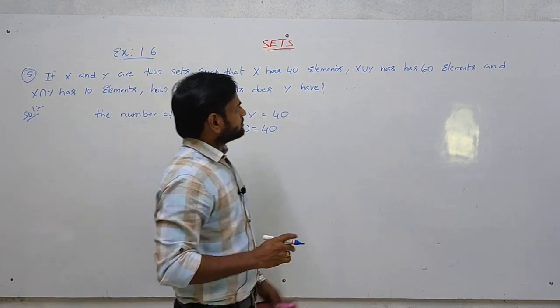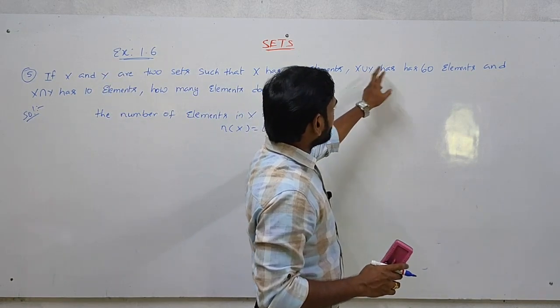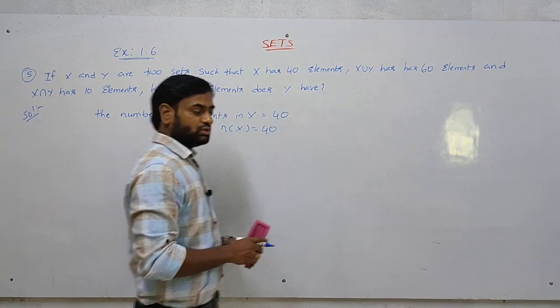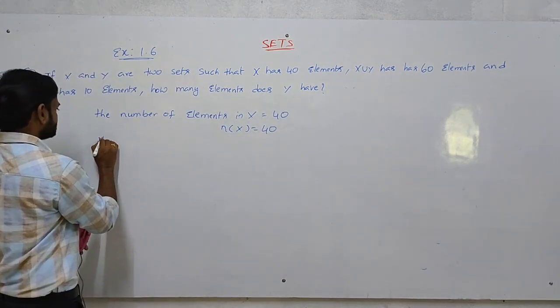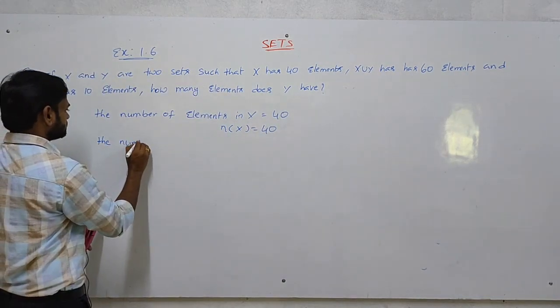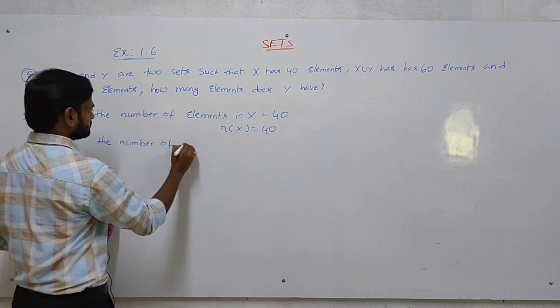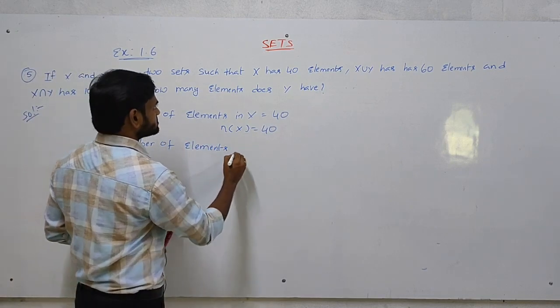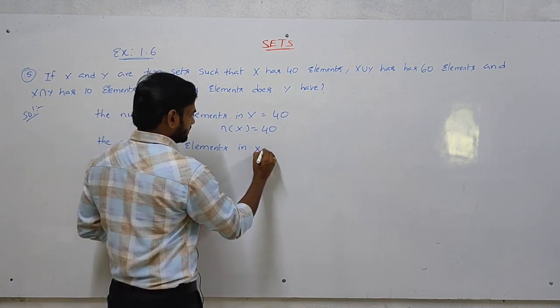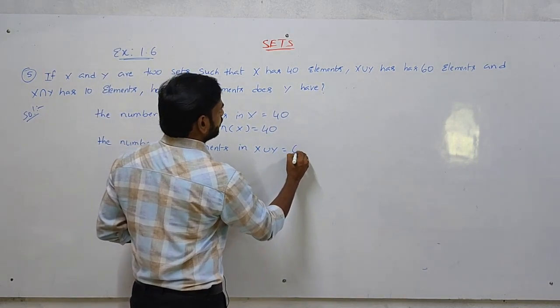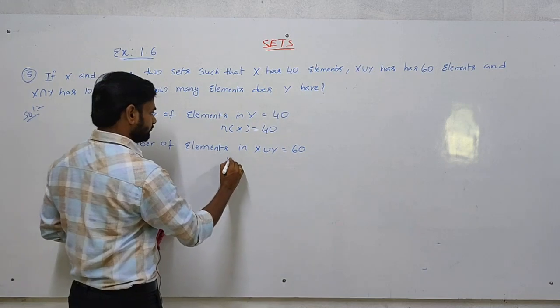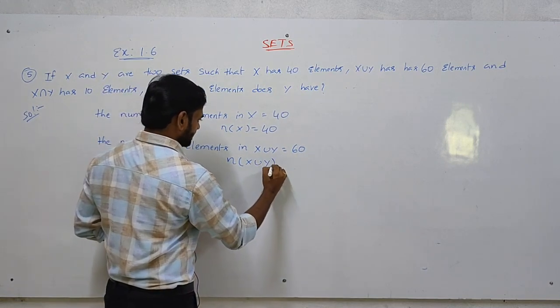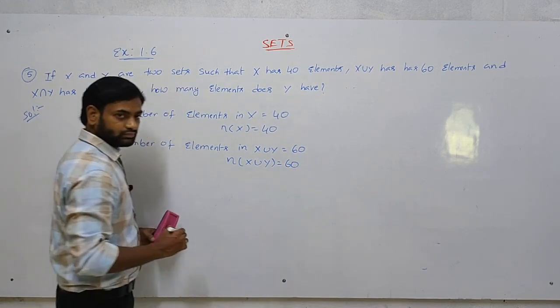Next, X union Y has 60 elements. So the number of elements in X union Y is equal to how many? 60. That is n of X union Y is equal to 60.